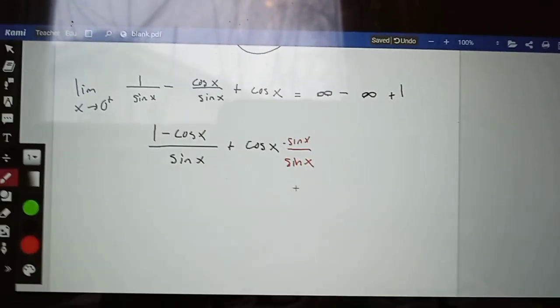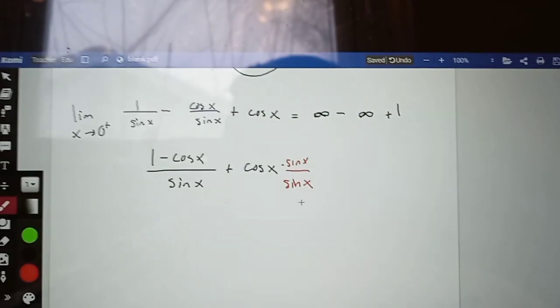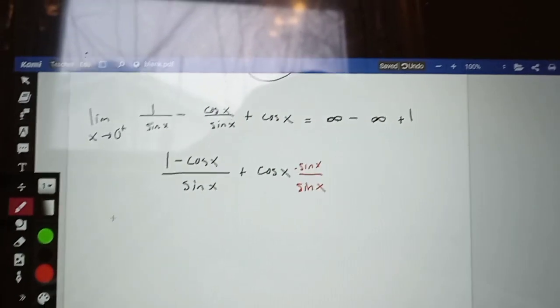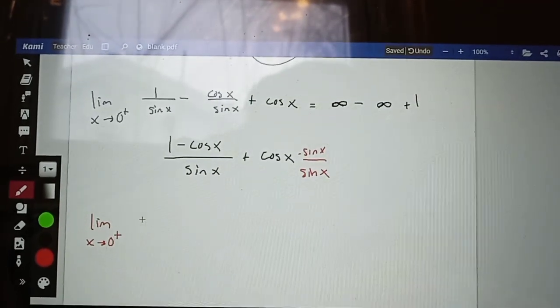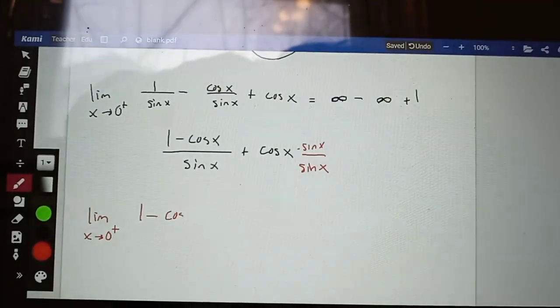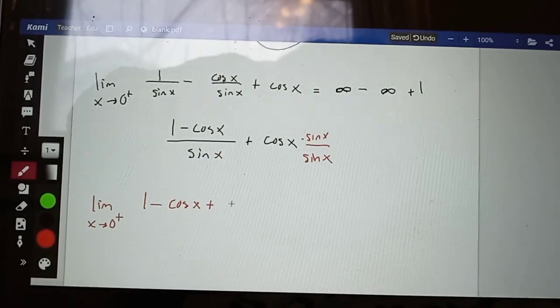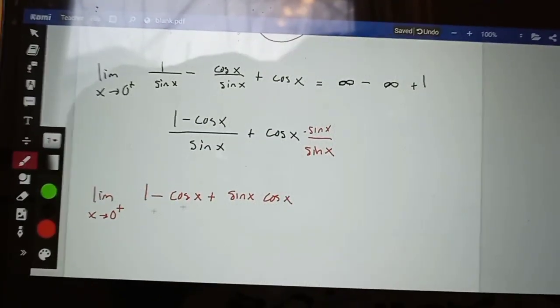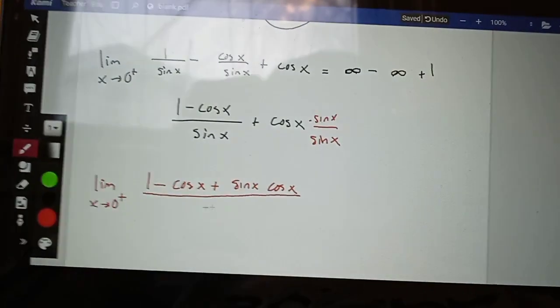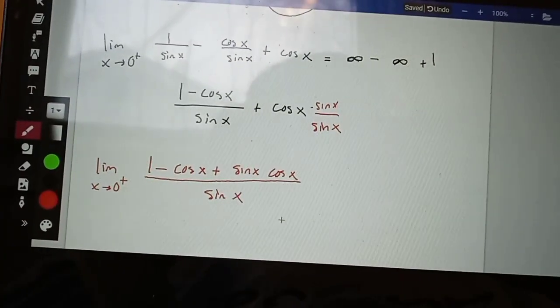Does that make sense? Okay. So therefore, this would be the limit as x approaches 0 from the positive of 1 minus cosine of x plus sine of x cosine of x, all over sine of x.